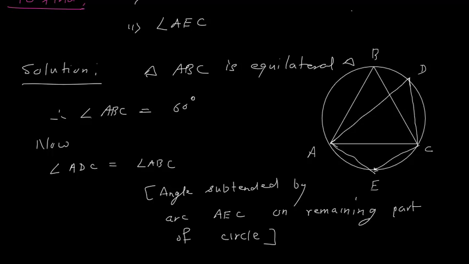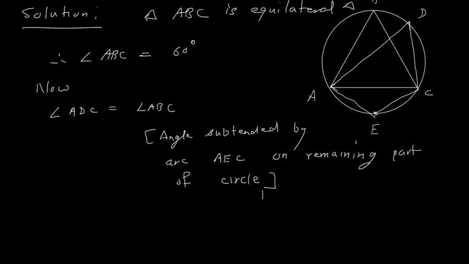So angle subtended by an arc AEC on the remaining part of circle. Therefore my angle ADC will be equal to angle ABC, which is 60 degree. Okay, so we can consider this as equation 1. Actually no need to consider.